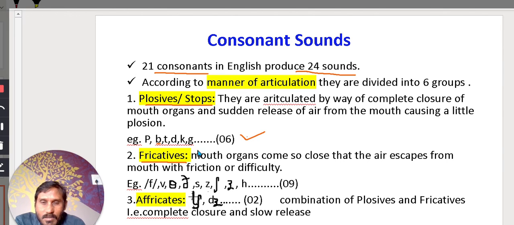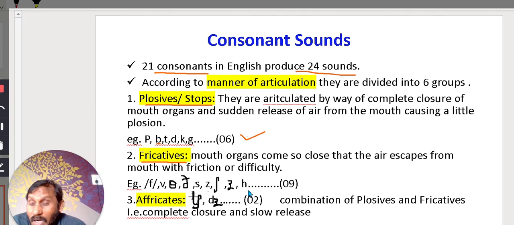Coming to the second category, which is a little different in its manner. Here the mouth organs come so close that the air escapes from the mouth with friction or difficulty. There is a little bit of friction because mouth organs come so close. So the air escapes through a narrow passage producing a turbulent sound. That's why there is friction. The name fricatives comes from friction, right?